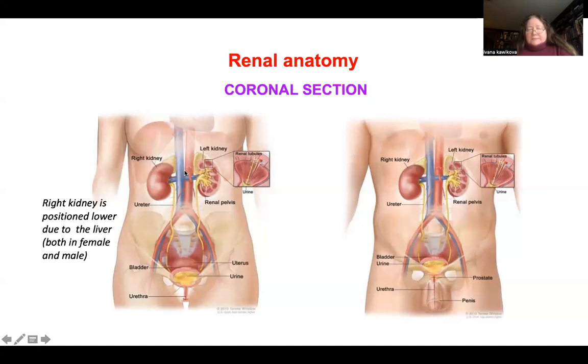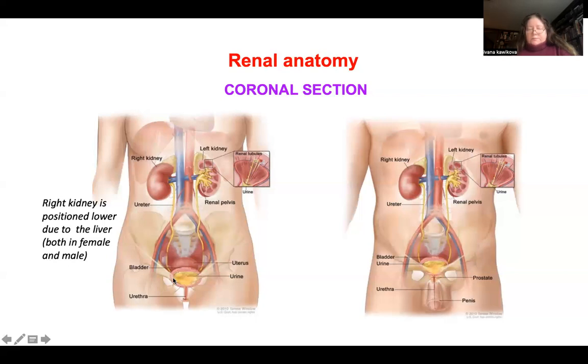And as the blood comes in, the plasma is filtered, and we will look at how that is done. So then the filtrate is processed, and it travels from the kidney as already ready urine and goes through the ureter into the bladder where it's held.